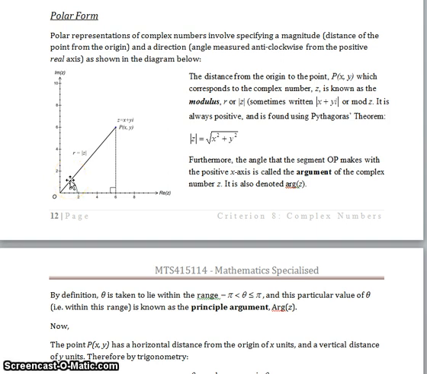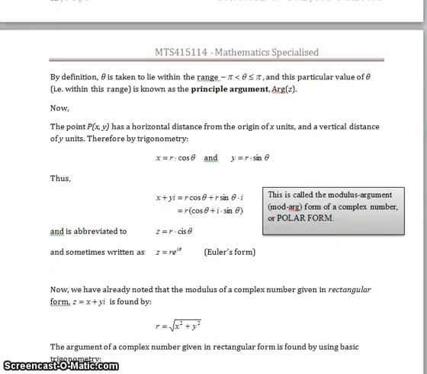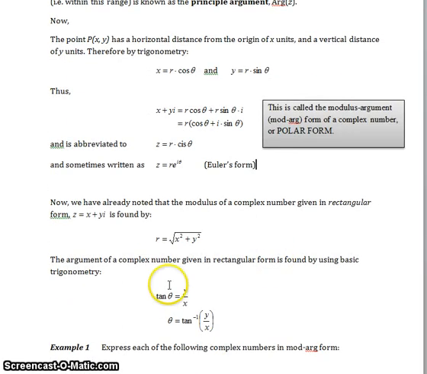We ignore any positives and negatives, just like finding our basic angle for trigonometry. So tan theta equals y over x, our imaginary part over our real part, or theta is arctan, the inverse tangent function, of y over x.